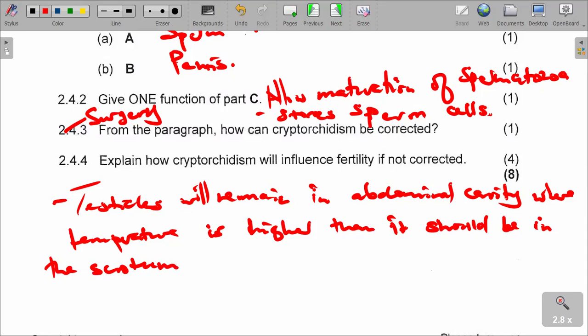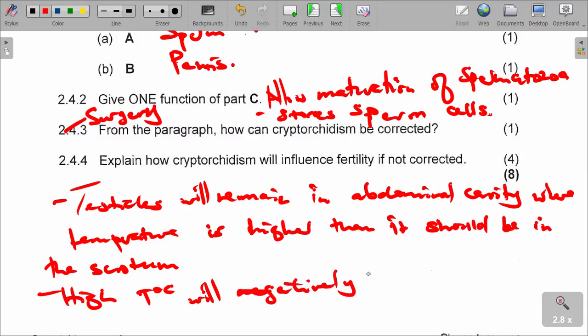So the high temperatures negatively affect the maturation and development of spermatozoa.